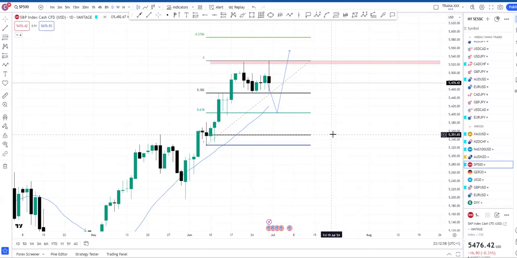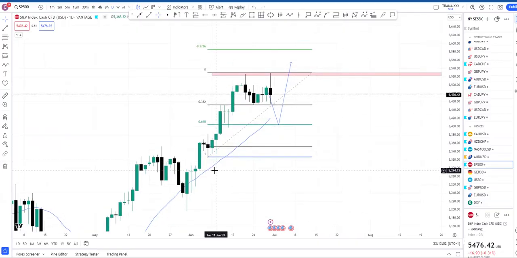If you have this pair on your chart, this is on the daily. Mark this area where price pulled back and began to accelerate, which is this impulsive move, and then put your fib there. Wait for price to pull back into 0.61. Now, price is playing around the 0.382 region.